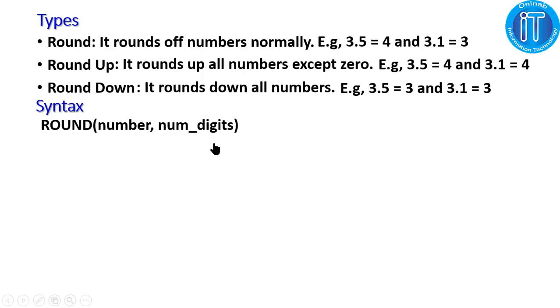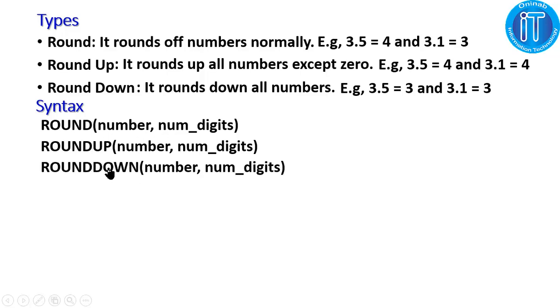Is it to two decimal places? Is it to the nearest 100, 1,000, and so on? Then the syntax for round up is still number, num_digits, as explained in round, as well as round down, which has a syntax of round down, number, num_digits.